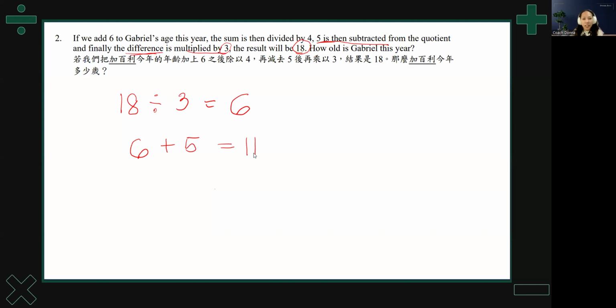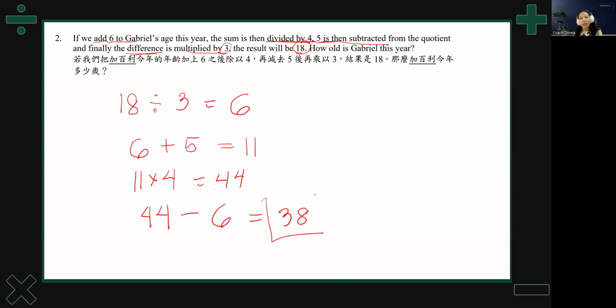And remember, the next step is that it is divided by 4, but we need to do the opposite of what's stated here. So it should be 11 multiplied by 4. That's 44. The next is we added 6, so the opposite of addition is subtraction. So 44 minus 6, and you'll get an answer of 38. So that is our answer.